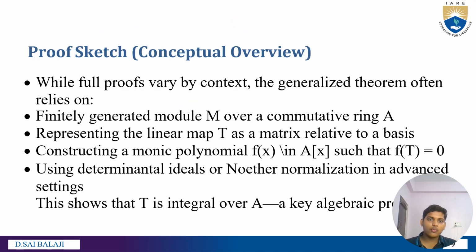And yes, coming to the proof sketch, a conceptual overview. Full proofs vary by context. The generalized theorem often relies on finitely generated modules M over a commutative ring A, as we discussed in the previous slide, and on representing the linear map T as a matrix relative to a basis, and constructing a monic polynomial f(x). As I said in the end of the text in the second slide, we use a(x), the coefficients in the matrices, such as f(T).